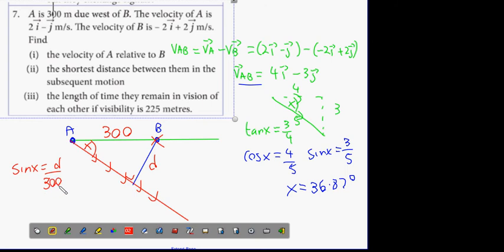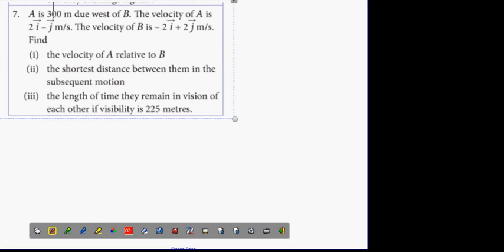And we know that sine X is 3 over 5. D therefore is 3 times 300 divided by 5. Anybody know? 900 divided by 5? 180. Alright, 180. Okay, so it's 180 meters, okay?